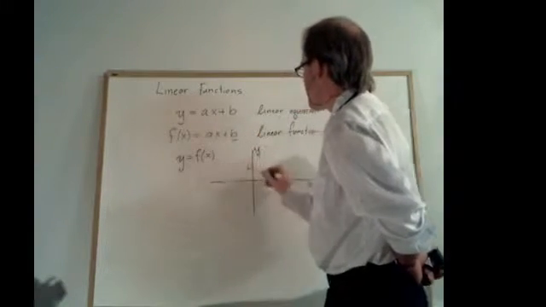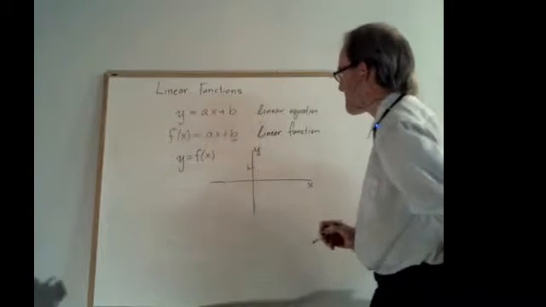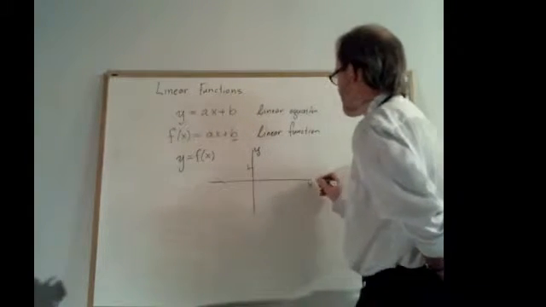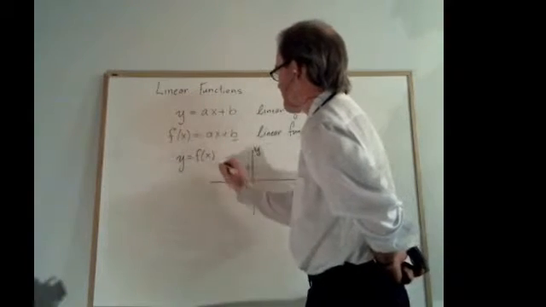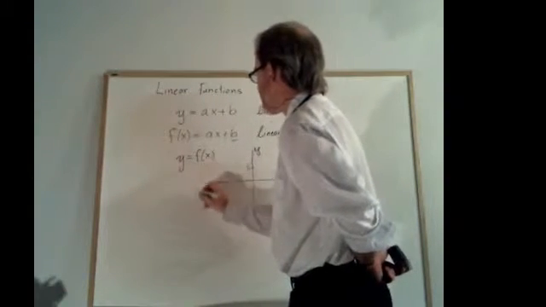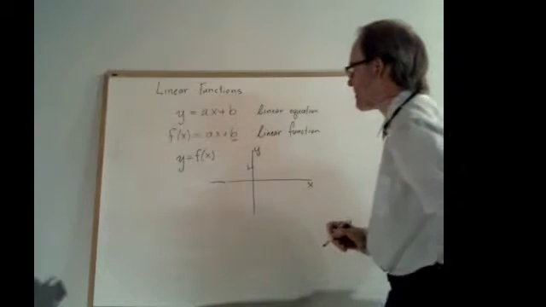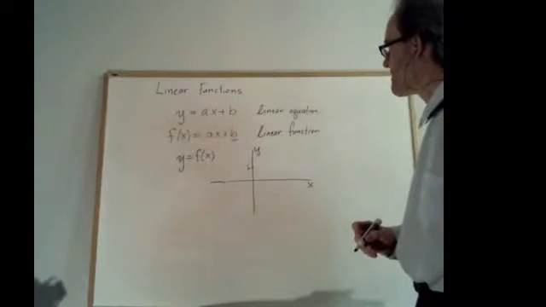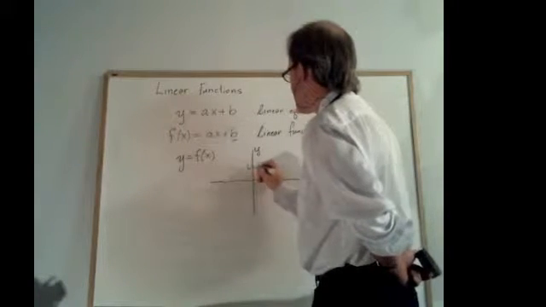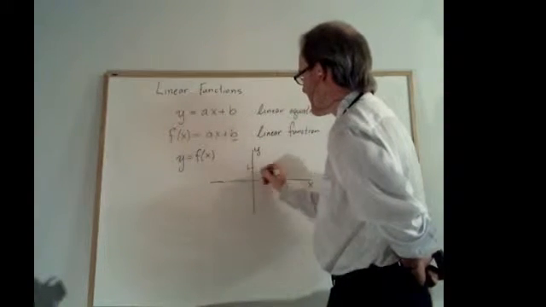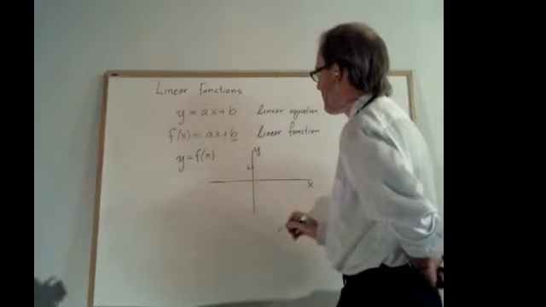This value is the so-called y-intercept, and that is the value of y when x is equal to 0. If you plug x equals 0 into the function, you get as output y is equal to b. And b can be positive or negative. It can be anywhere along the y-axis.